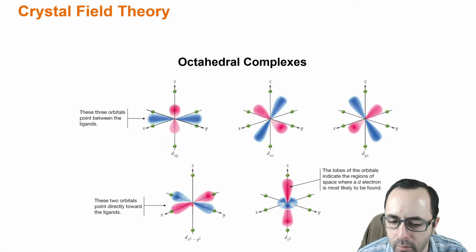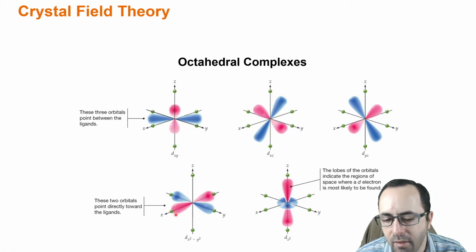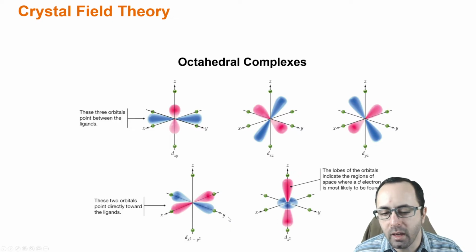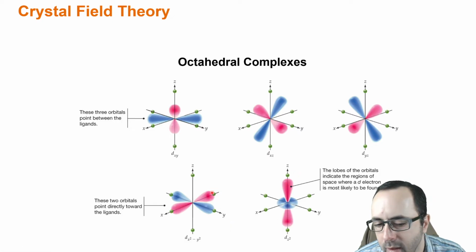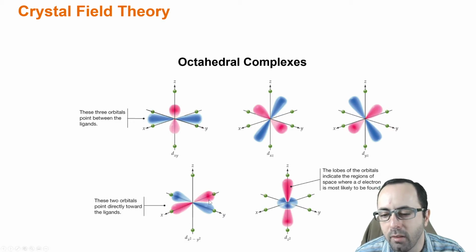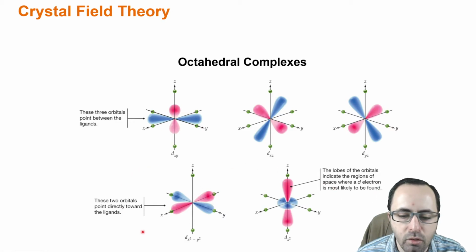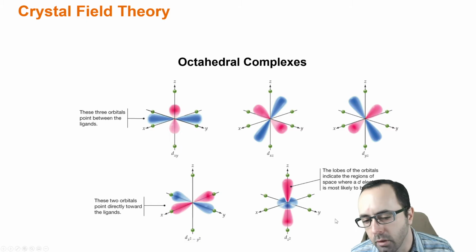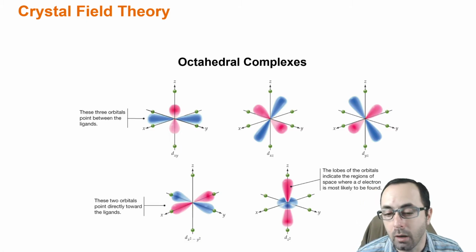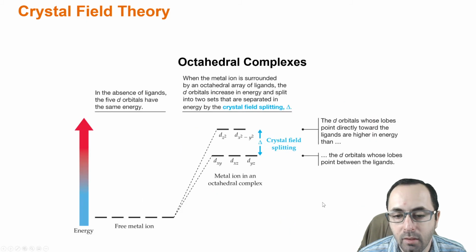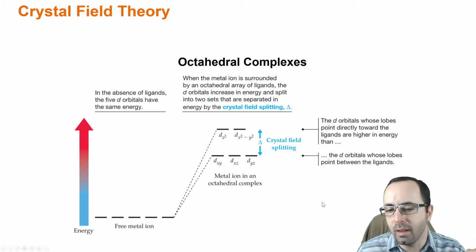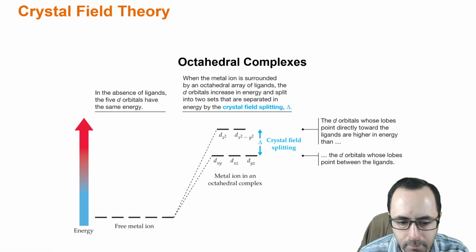Whereas 2 of the orbitals have a heavy overlap with the positions of where the ligands are. So there's a greater repulsion between the electrons in the ligands and the electrons in the orbitals. That produces 2 higher energy d orbitals when you have an octahedral complex. And so what you get is what's known as the crystal field splitting.